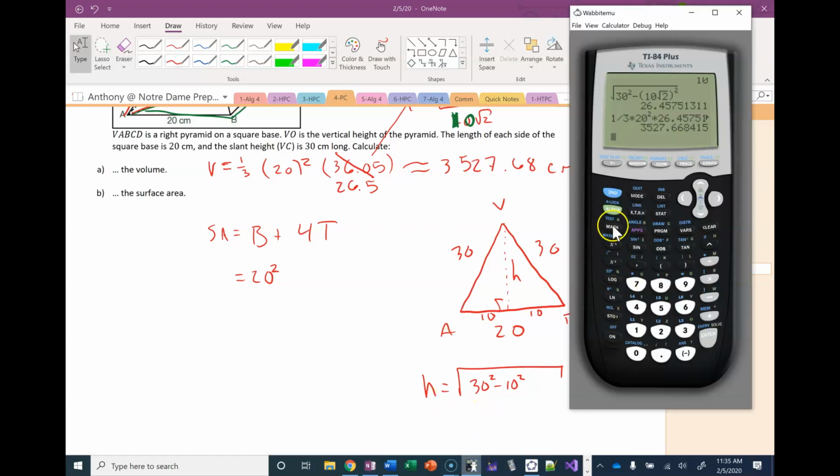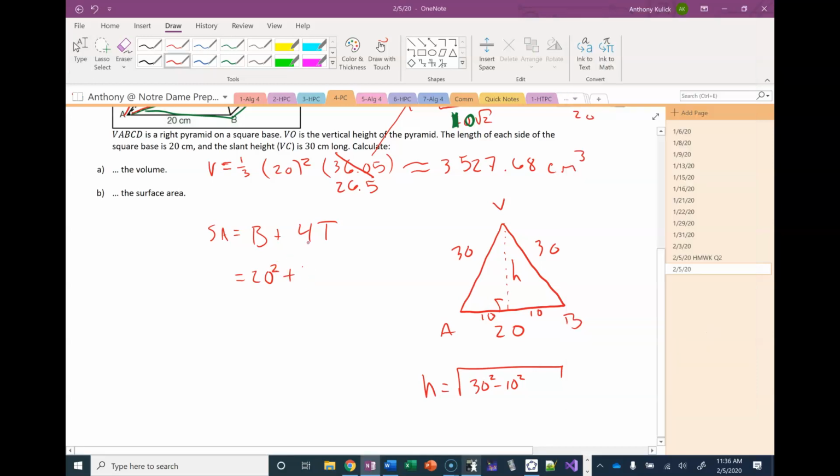So we'll type that in real quick. Okay, so that's 28.8. So the area of my triangle then is 1/2 the base times that height.